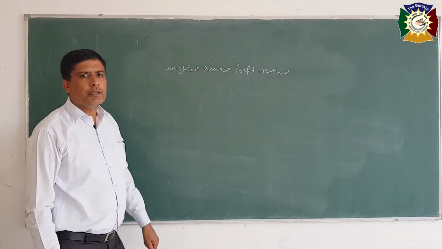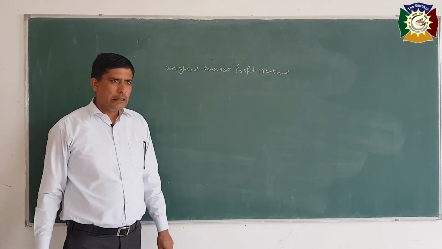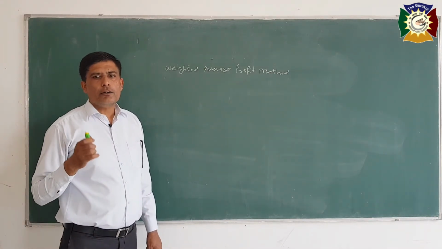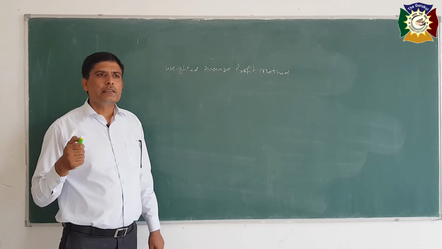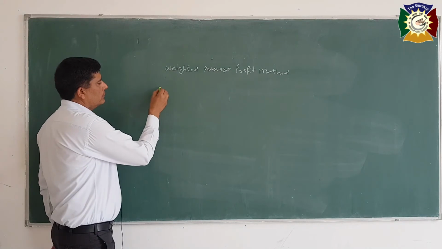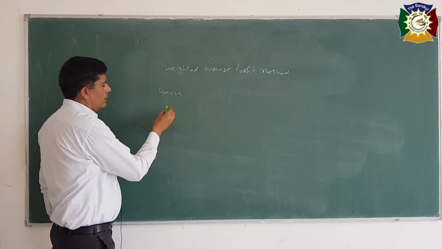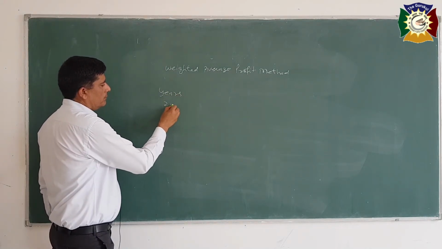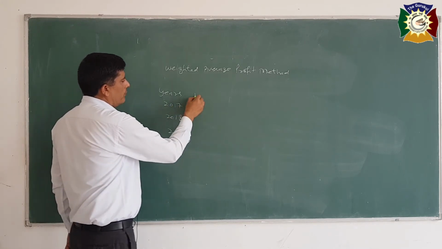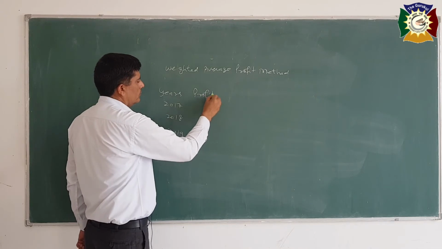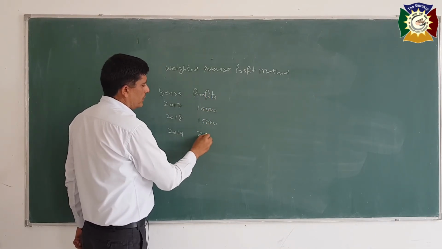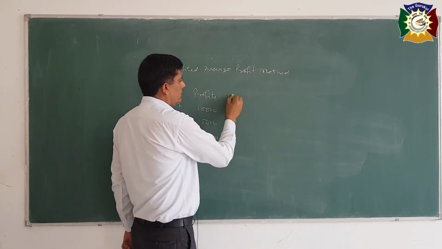Weighted average profit method. In this method, weights are assigned to different years according to their importance, significance. Like profits of 3 years are given: 2017, 18, 19, profits are 10,000, 15,000, 20,000 and weights.